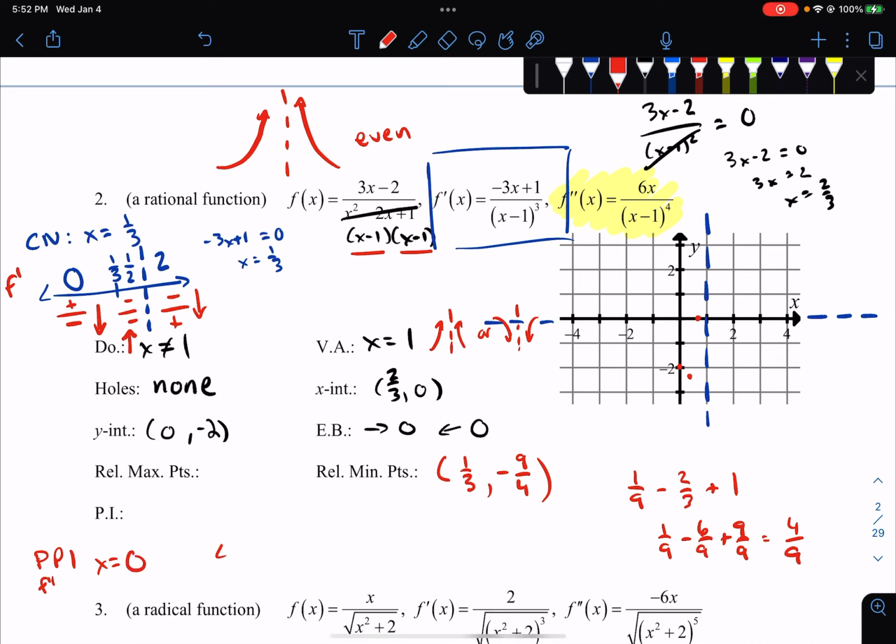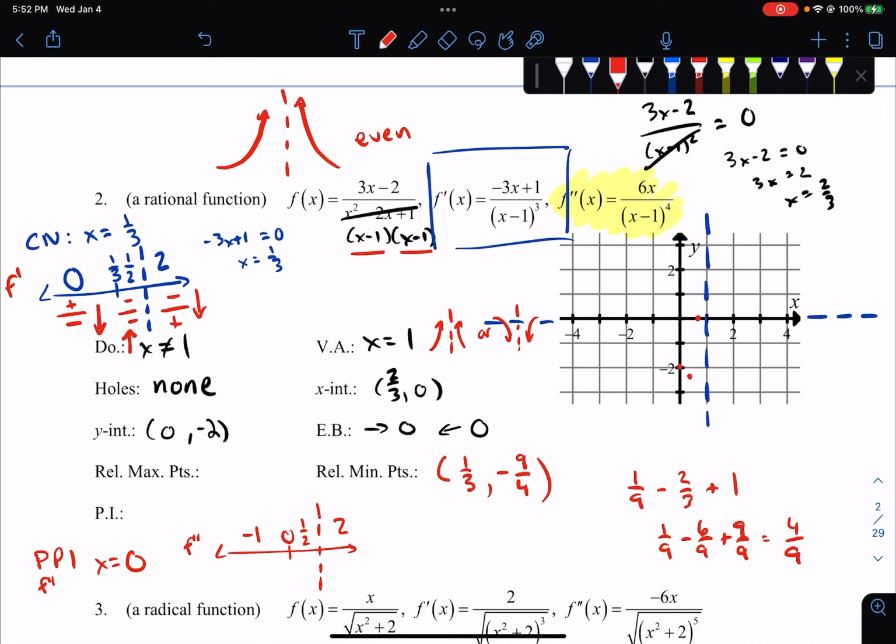So when I do my little chart, I'm going to check f double prime to the right of 0. But when I do that, we've got our asymptote we've got to consider. So let's pick something like a half, and then something like 2, and something like negative 1.